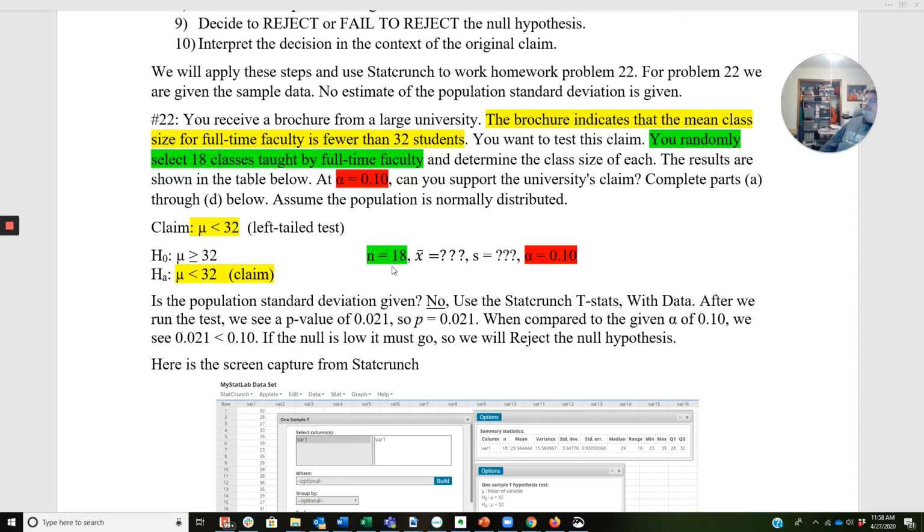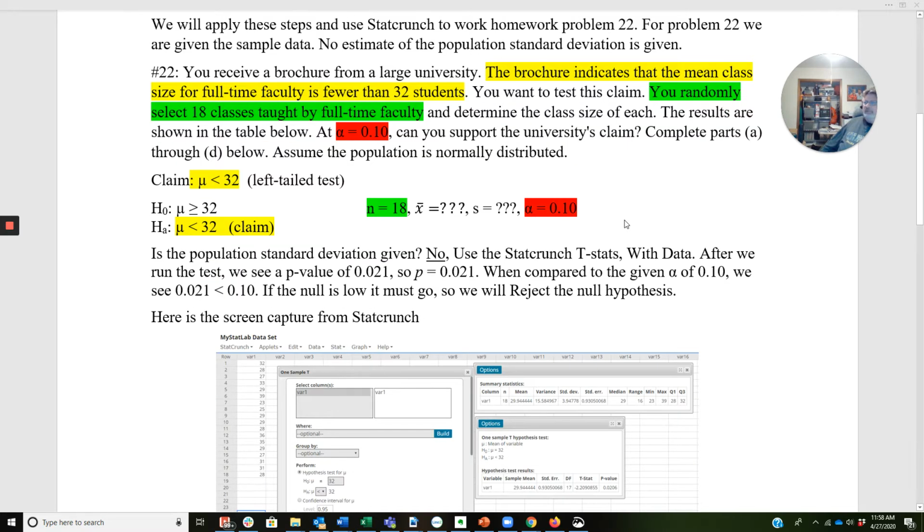Now we do have a sample size of 18, but we do not know the sample mean or the sample standard deviation because what we have is the data from the sample. If you as a student were doing a small scale study, this is the type of study you could do. Alpha equals 0.10. So is the population standard deviation given?